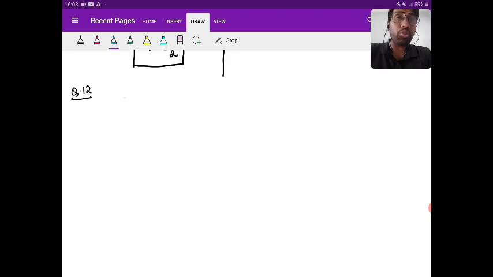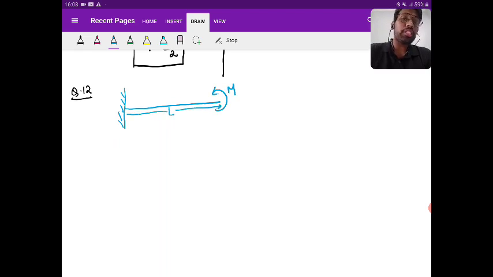See, why am I letting you solve so many questions on the support reaction? The reason is, if your support reaction is wrong, you cannot get the correct SFD and BMD. So the support reaction should be correct.